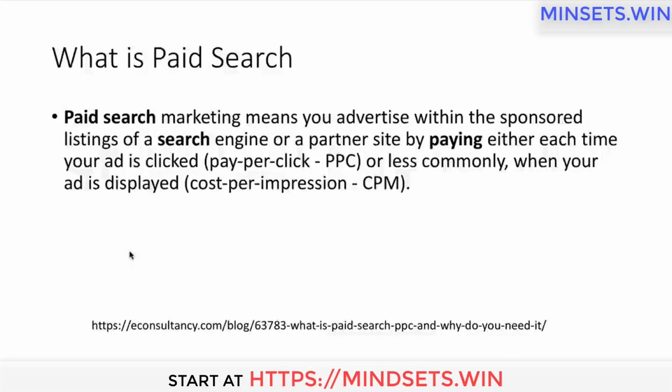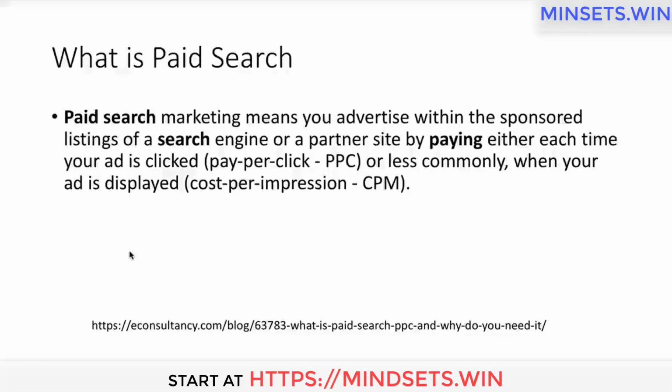Here is a definition I got for paid search off econsultancy.com, one of my favorite blogs. It deals with a lot of high-level strategy, not too many tactics, but nonetheless it's a great resource to add to your resource list as you prepare for your journey in digital marketing.